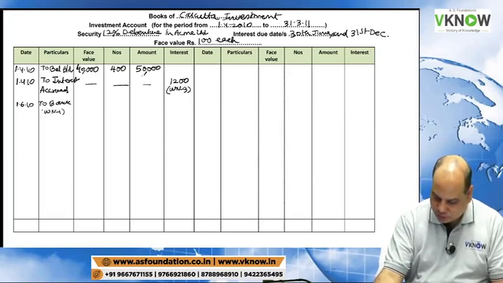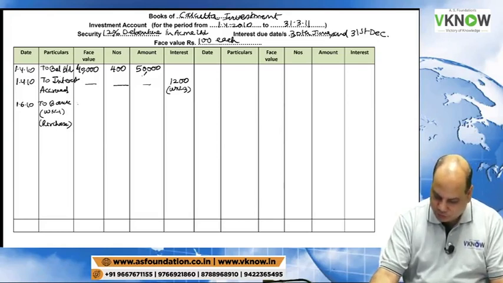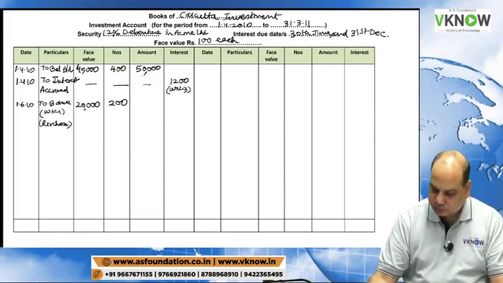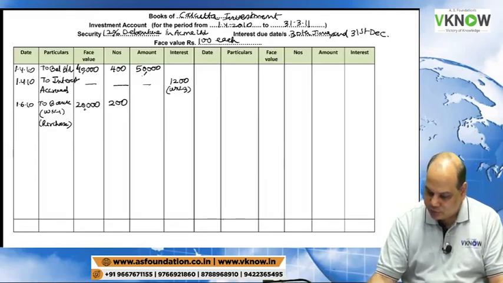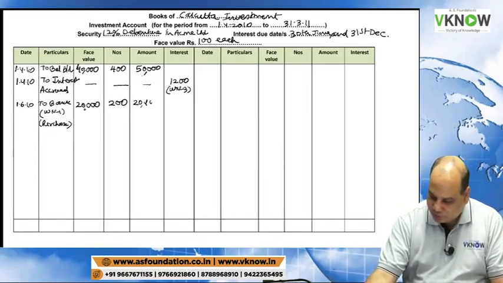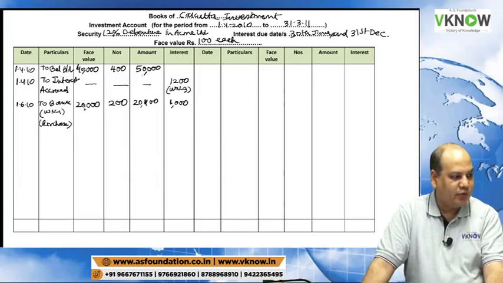Working note 1, purchase. Face value was 20,000, number 200, ex interest amount 24,000 and interest 1,000.